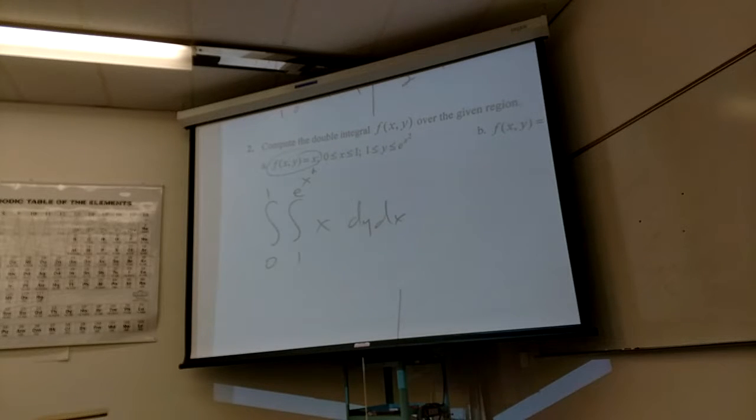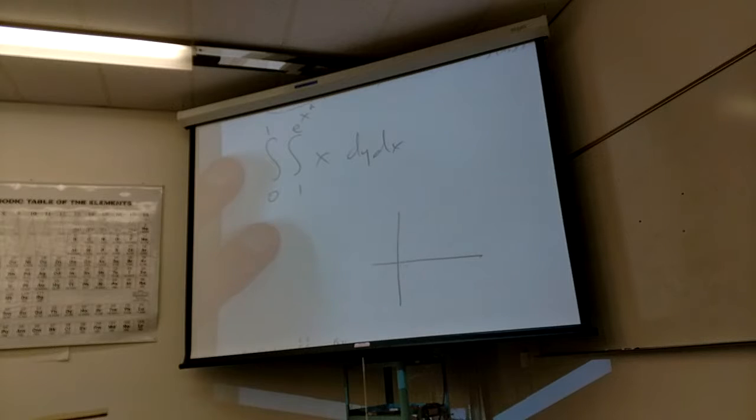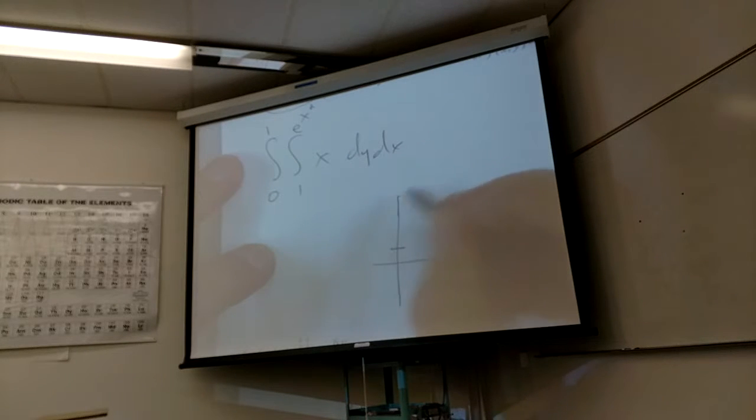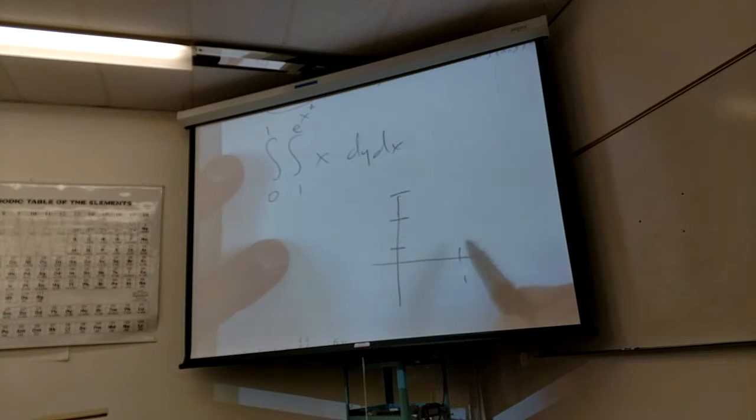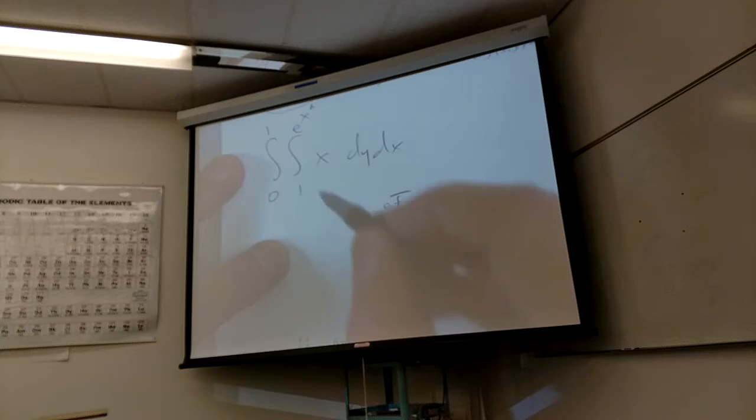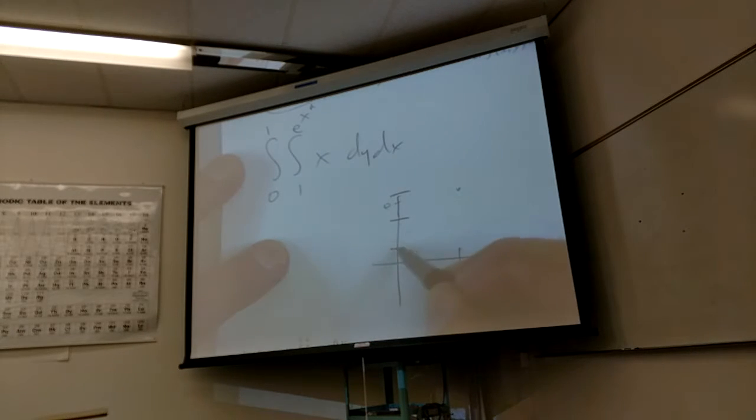If you wanted to flip them around, let's see. So as x goes from 0 to 1, y goes from 1 to e to the x squared. So at 1, that would be e. So e is about right there. So as x goes from 0 to 1, y goes from 1 to e to the x squared, right?